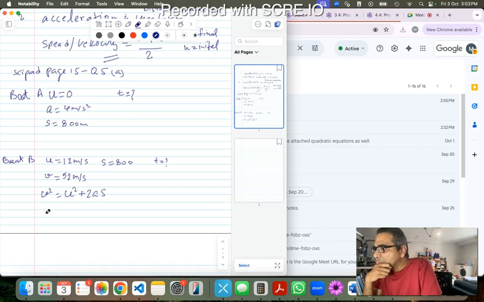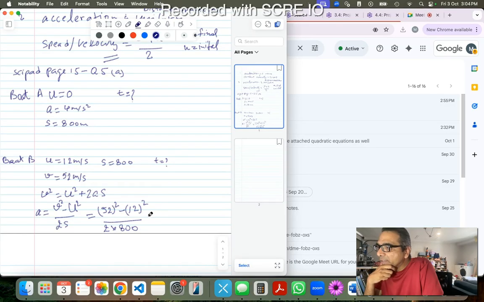So if I change the subject to a, because we need the acceleration, let's see if it is working or not. First we get rid of v squared. I assume that you can understand this step, 2s, right? So v squared is 52 squared minus 12 squared over 2 times 8 times 100.